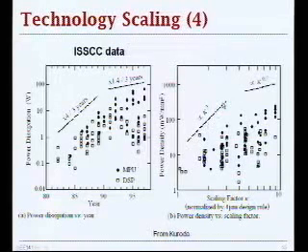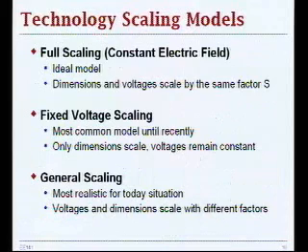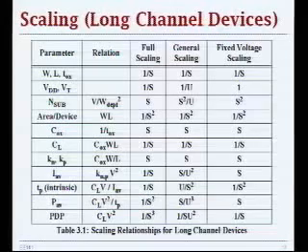So you had your density go up with a scaling factor k cubed. And apparently this caused a lot of problems from the power perspective, and that's the reason why people started scaling voltages. Now, the question is, what would be the most appropriate way to scale your supply voltages, given that you have velocity saturation in play?